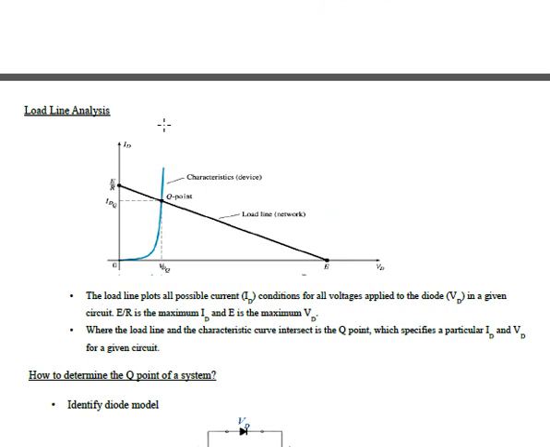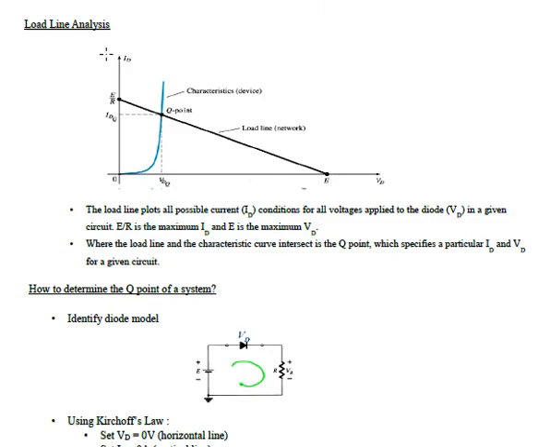So we have here the load line analysis. This is actually the most basic graph for the diode to be operated. As you can see here, we have the characteristic device.